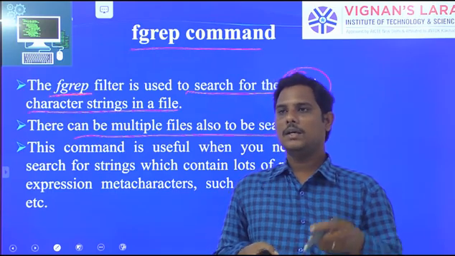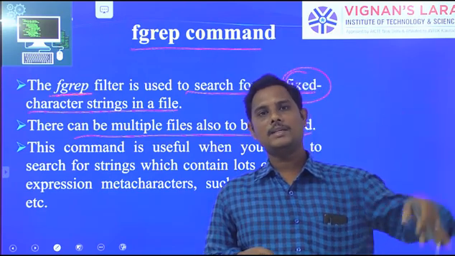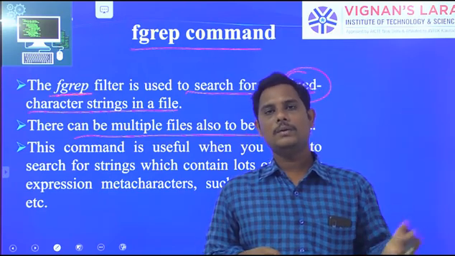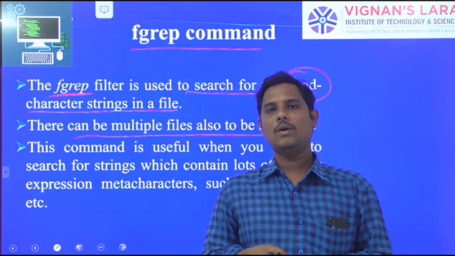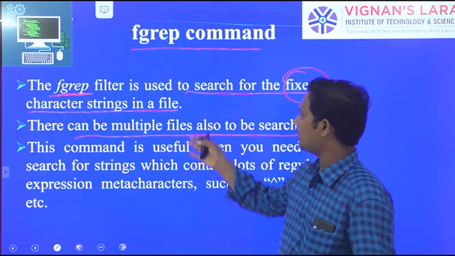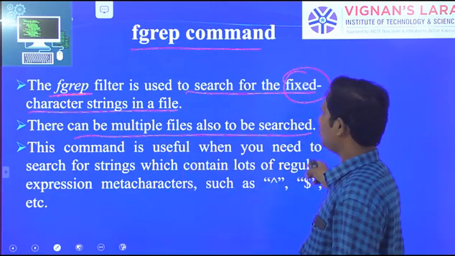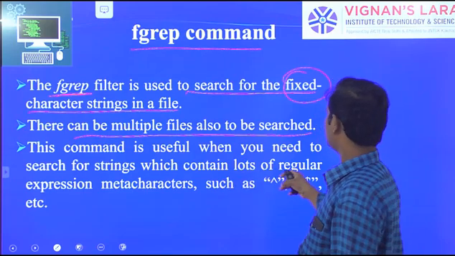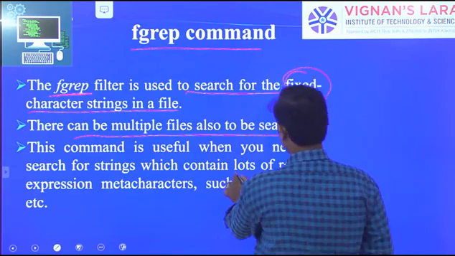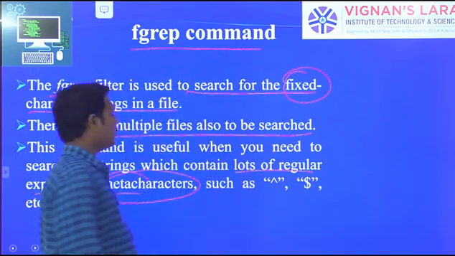Suppose a word appears in multiple files; we can give multiple files as input, not a single file, and search using fgrep. This is commonly useful when you need to search for a string which contains a lot of regular expressions and meta characters. This is an important point.